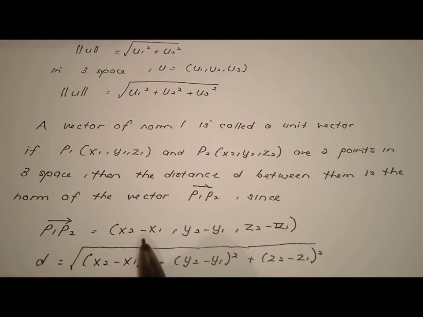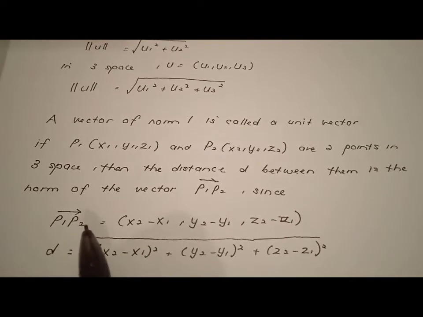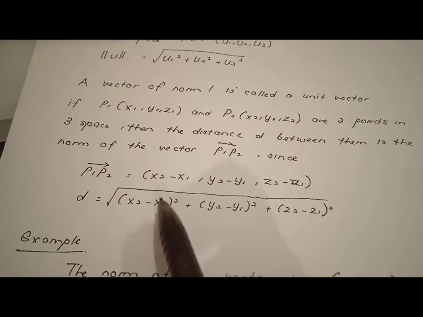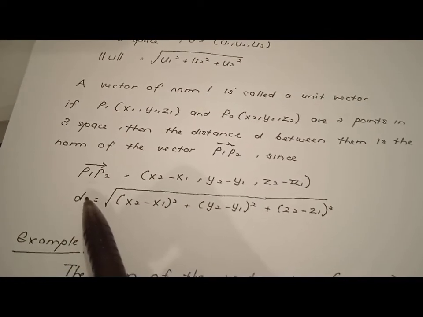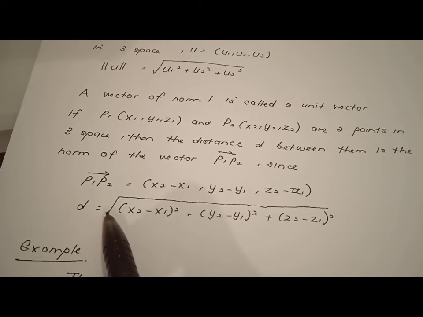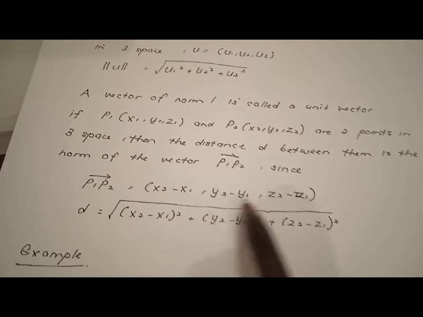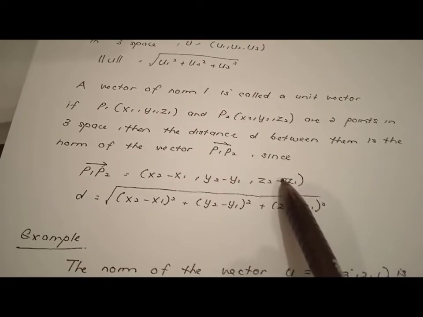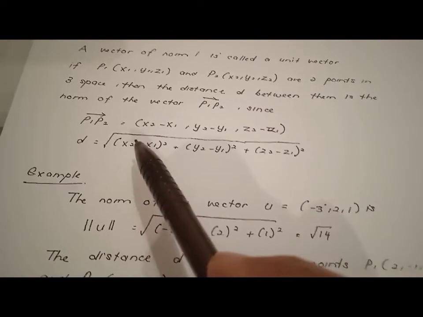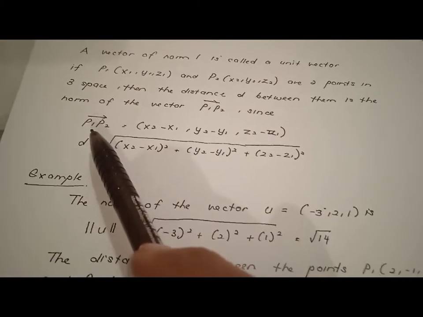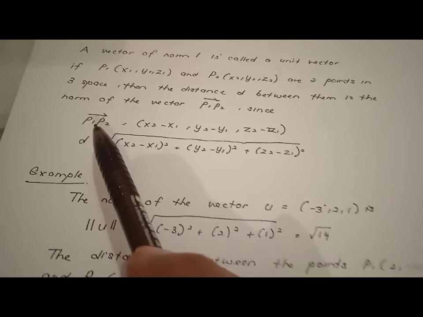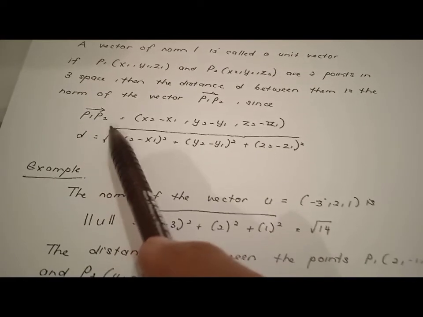So we calculate the components of p1 p2 first, and then the distance is the square root of the sum of the squared components. This is the formula of the distance. We don't call this length because this is the distance between point p1 and p2, or the vector from initial point p1 to terminal point p2.